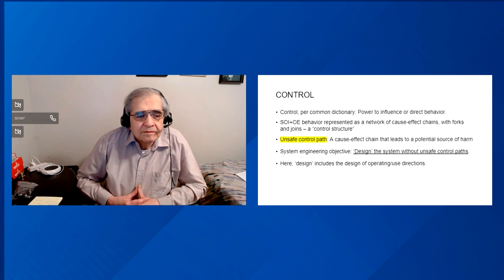Now, in that network, there are presumably unsafe control paths, that is, cause-effect chains that lead to a potential source of harm.